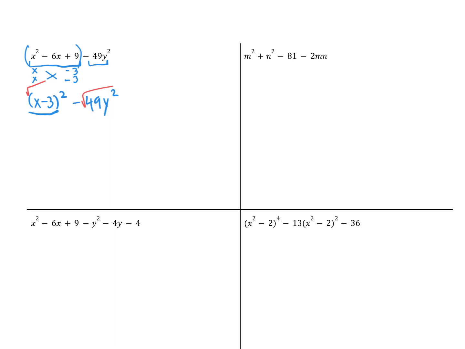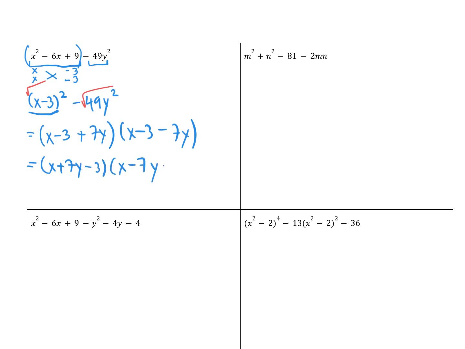So if we put that together for our difference of squares, I'll have the x minus 3 for when I square root the bracket squared plus the 7y, and then x minus 3 minus the 7y. And in terms of factoring, that's as far as you can go. In terms of trying to clean it up, you can always put things in proper order: x, y, then constant. But there we go. That's not really factoring related.